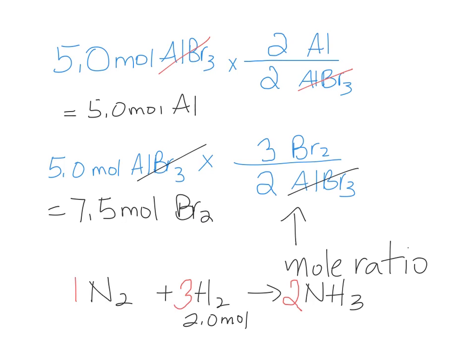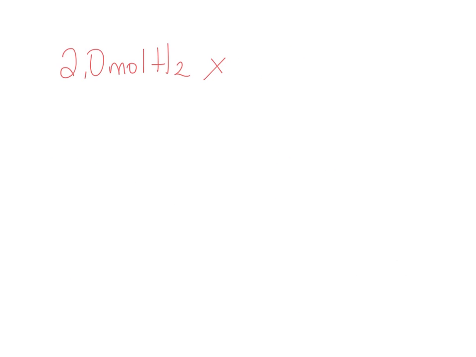Balanced chemical equation, so now how much ammonia will be produced from 3 moles of hydrogen? That has to be in the bottom of the ratio because you want it to cancel. H2. What has to be on the top because you want to find it? NH3.